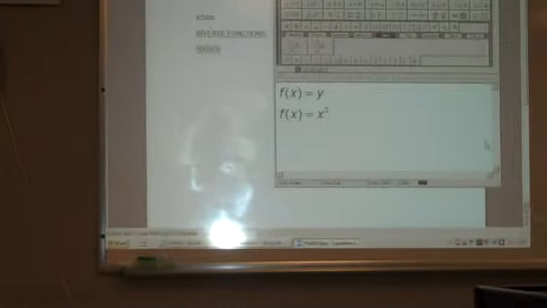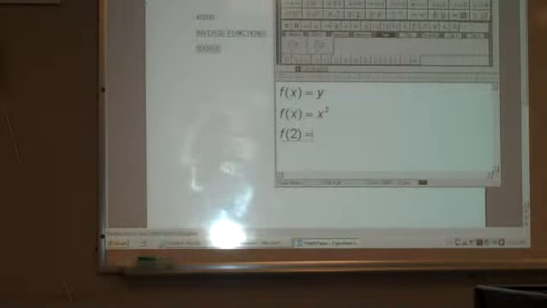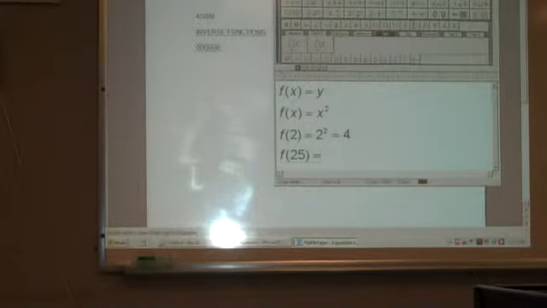What does f of 2 equal in that case? 2 is x, so you put in the 2 for x: 2 squared. Yep, it equals 4. What does f of 25 equal in this case? It's 25 squared, which is 625. Excellent.